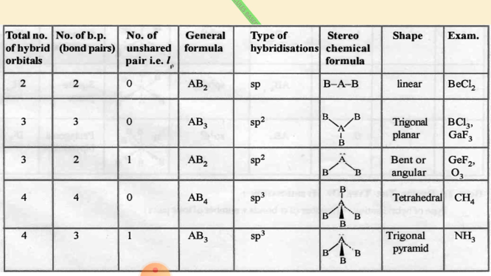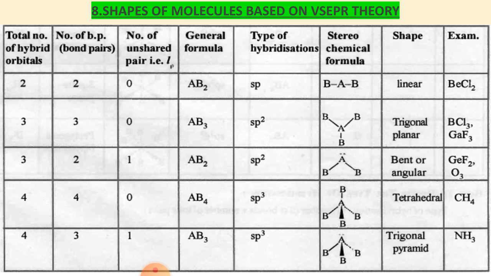Lastly, I will discuss the shape of molecules based on VSEPR theory. Look at the condition: total number of hybrid orbitals 2, number of bond pairs 2, lone pairs 0. So the general formula is AB2, the type of hybridization is sp, and the shape is linear, B-A-B.